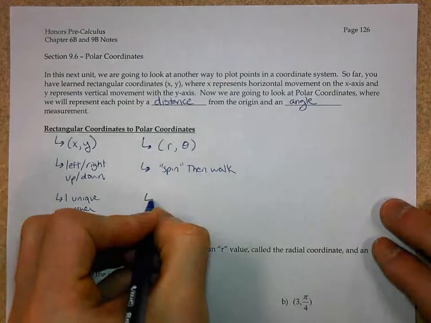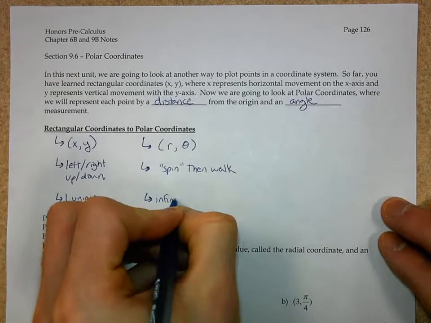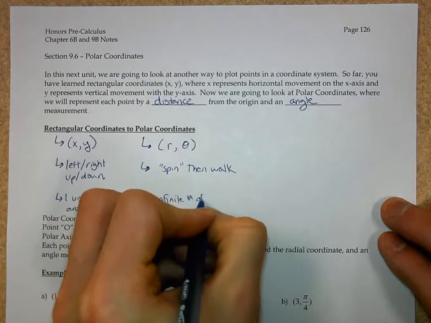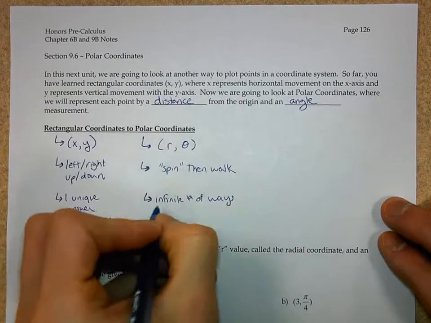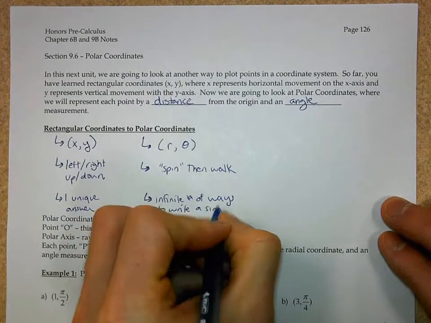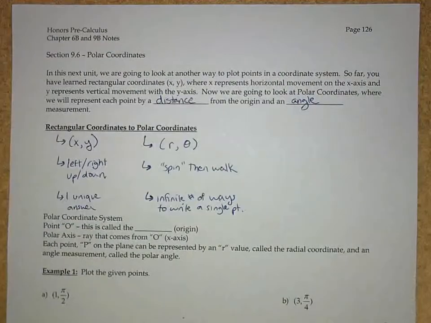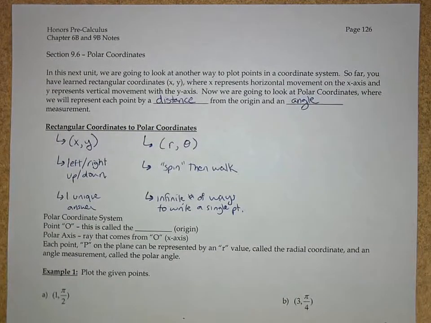And then the final thing that's different from rectangular coordinates is that there are an infinite number of ways to write a single point. And you sort of know that idea from the unit circle. Every single time you go around the unit circle, you add 2 pi to your angle measurement, and it means the exact same angle. So it's going to be very similar with polar coordinates.